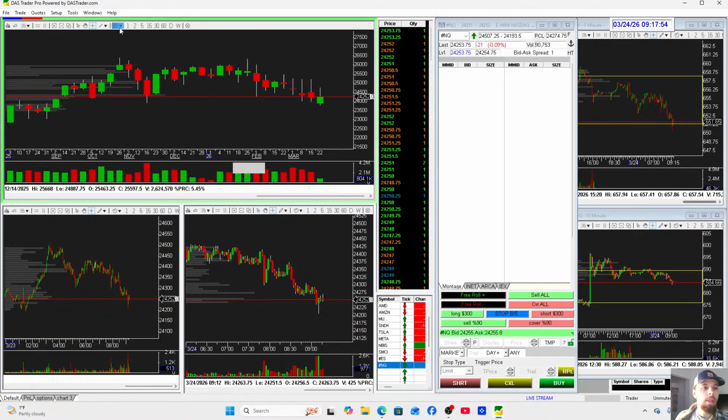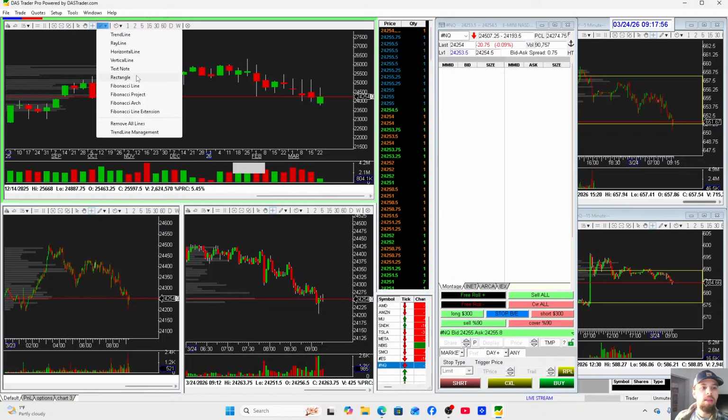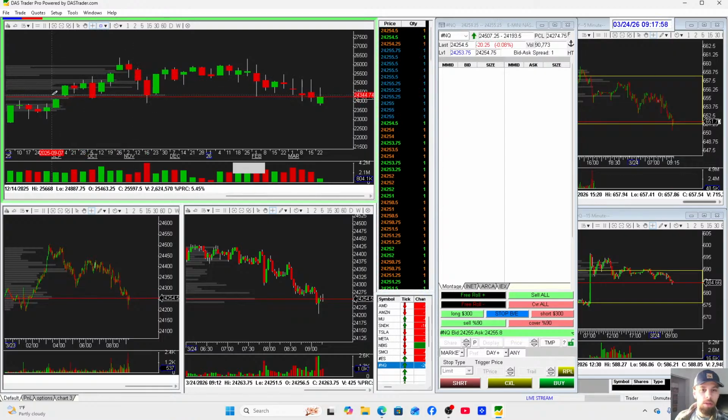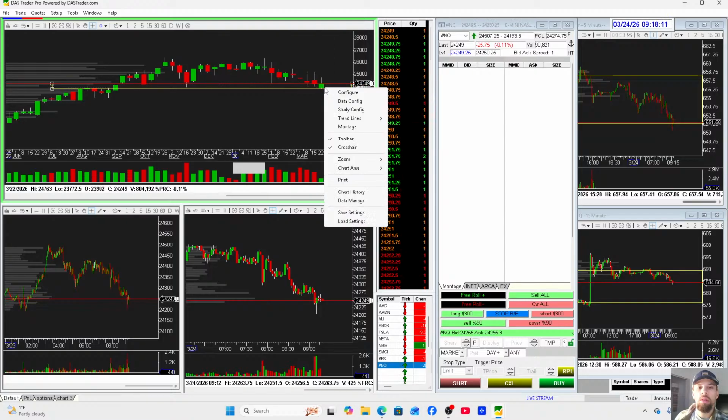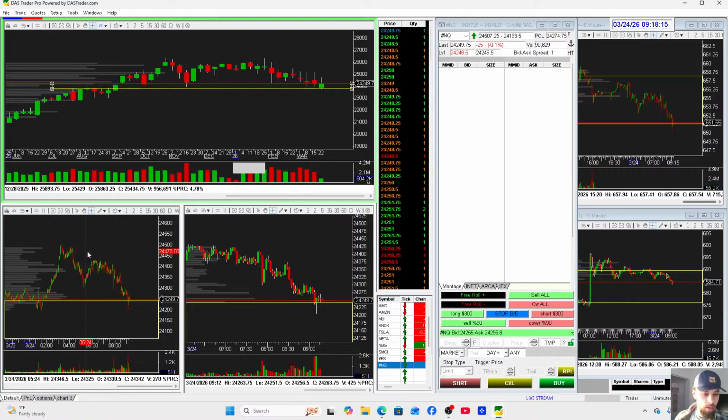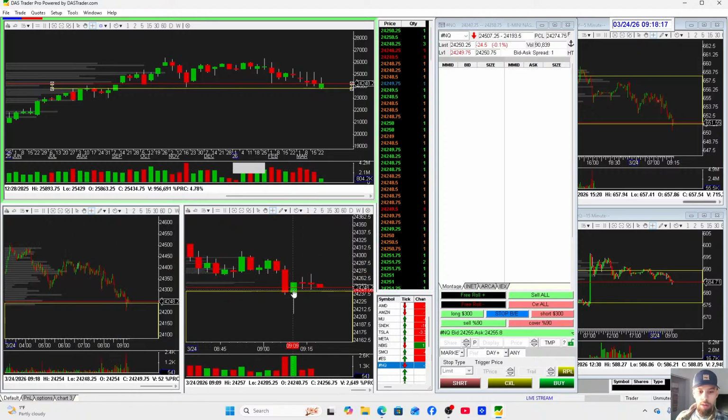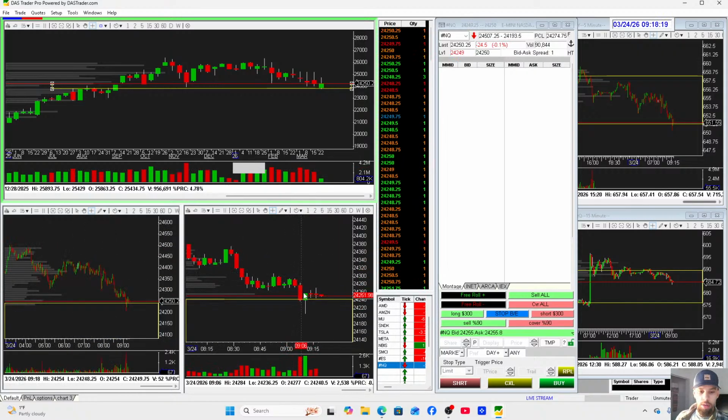Let's draw the rectangle here. Where price is at is an area of significant support/resistance, and it's flirting with it now. On the 2-minute and 3-minute, you can see we tested it, wicked through it, and price is just floating around it right now.